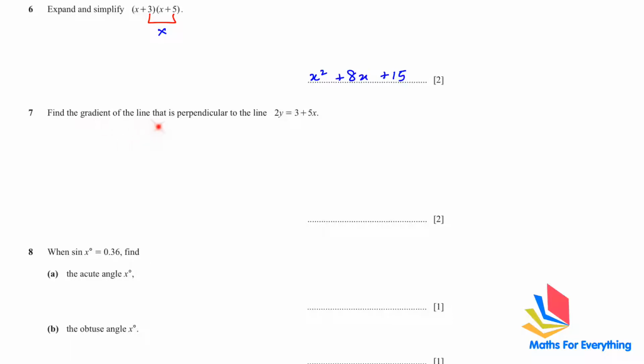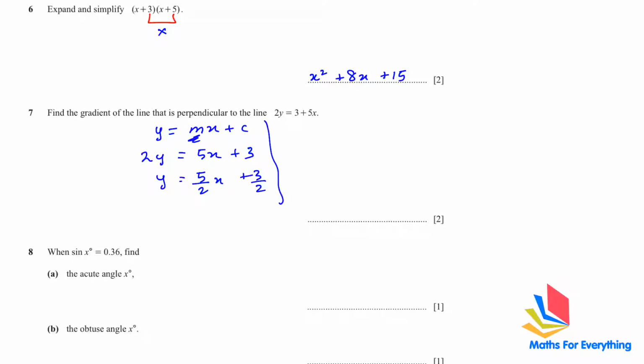Next, find the gradient of the line that is perpendicular to the line 2y is equal to 3 plus 5x. We will write this equation in the format of y is equal to mx plus c. 2y is equal to 5x plus 3. The 2 will move to the other side, it will be a divide. So what's our gradient?